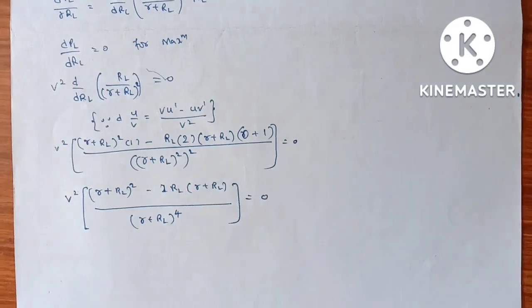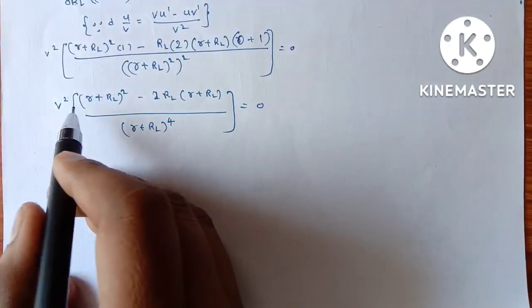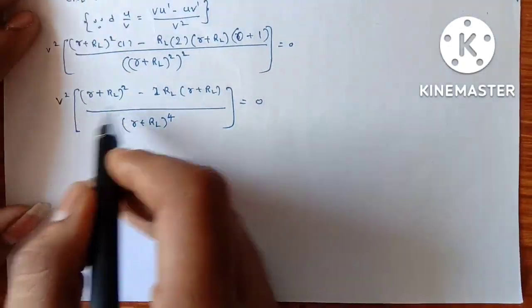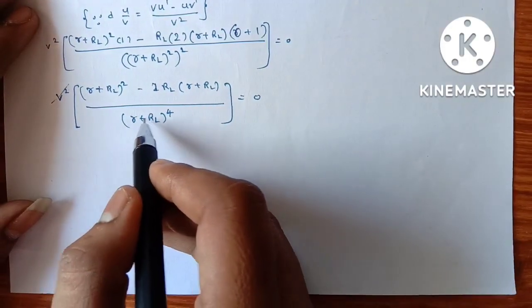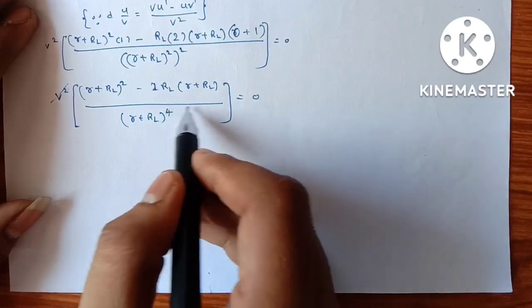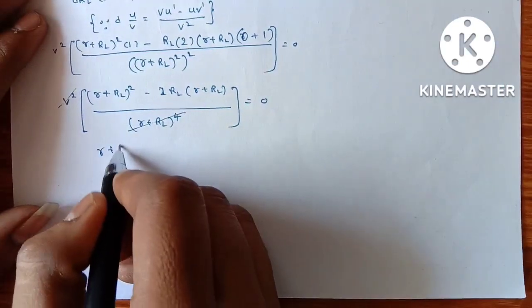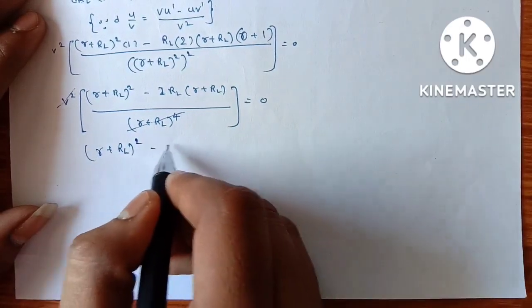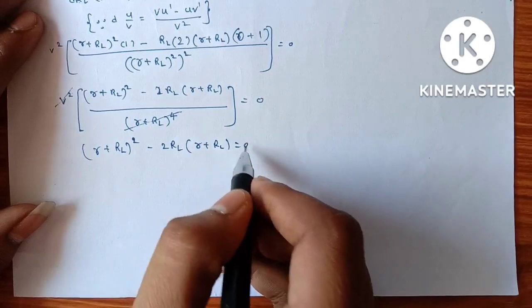Take this V square to the other side, this V square is going to cancel, and also take this (R plus RL) power 4 to the other side, this is going to cancel. So (R plus RL) whole square minus 2RL of (R plus RL) is equal to 0.